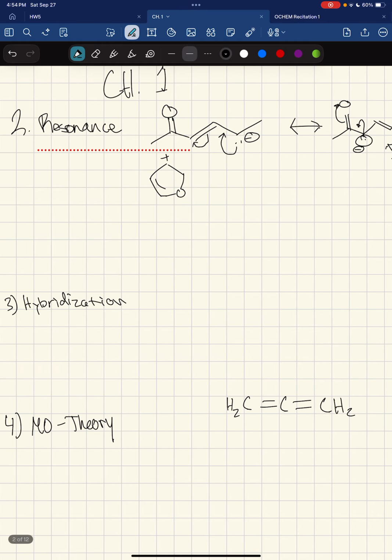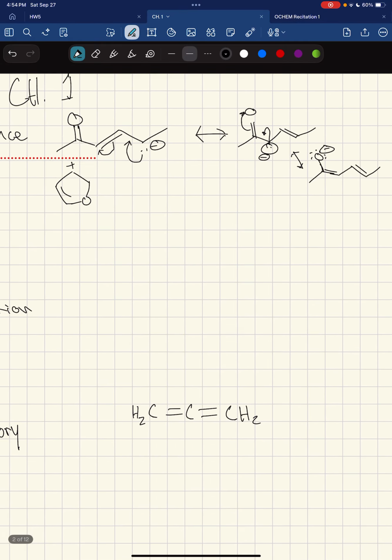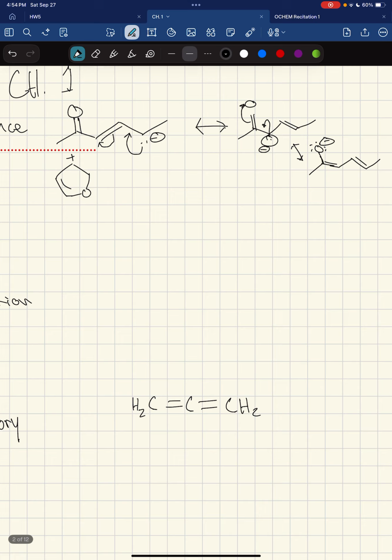To determine which resonance structure is the major contributor, you're going to look at all atoms, making sure they all have octets. Every single one of these resonance structures has a full octet, so that's not applicable. You minimize separation of charges. There's only one charge, so that's not applicable. You maximize covalent bonds.